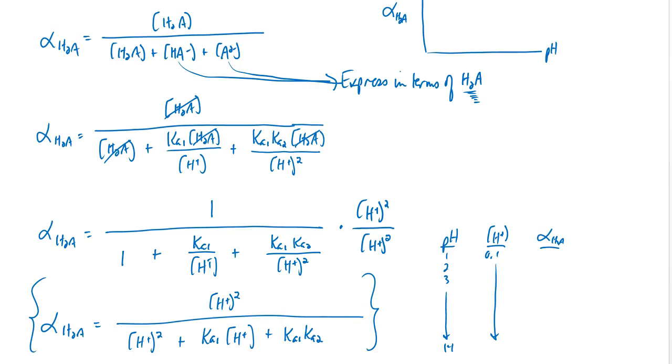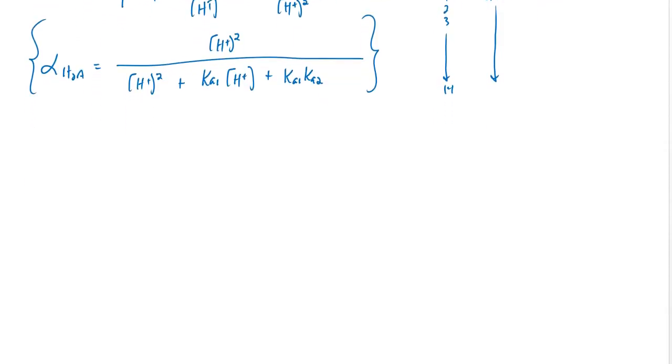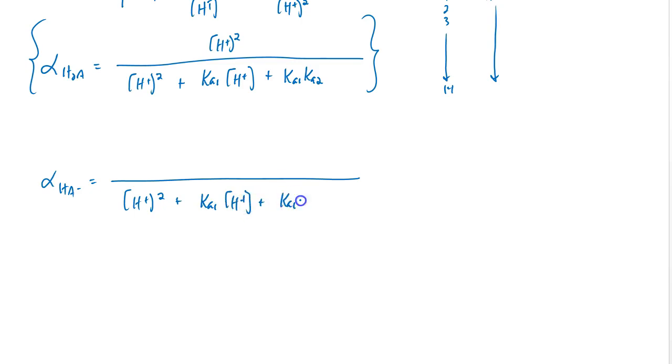There are similar equations for the fraction of HA minus and A minus 2. The fraction of HA minus would be the same denominator that you see here, and notice how for the fraction of the fully protonated form, this first term is in the numerator.